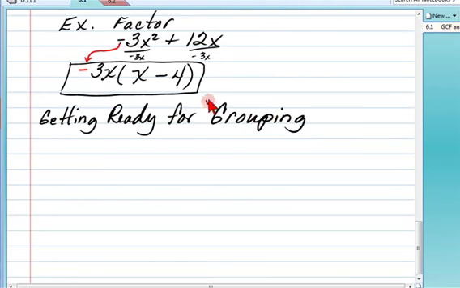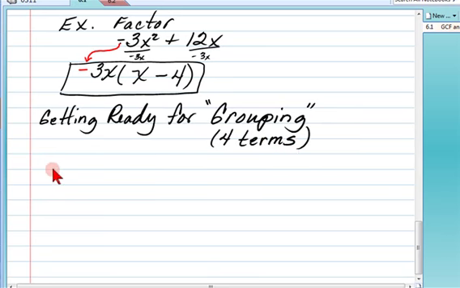Each time that I give you one of these titles like greatest common factor or grouping, these are names of techniques that you're going to use to try to factor polynomials. Grouping is used when you have 4 terms. Now keep in mind that these first 3 problems are just getting ready problems.